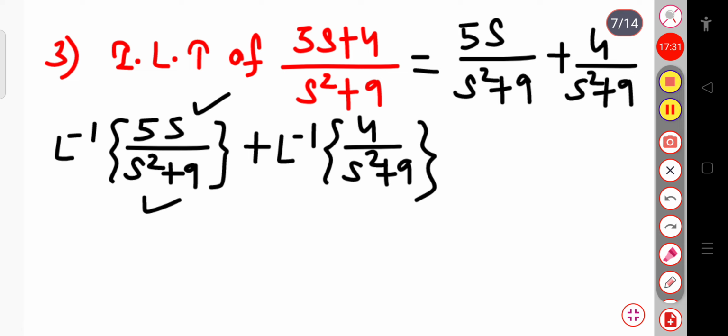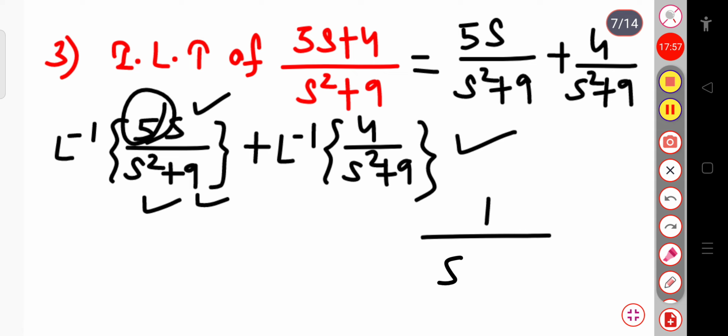Forget about this 5, I will take the 5 outside the Laplace inverse. So this will be simply s divided by s square plus a square, and here in this part, first check, this is 1 divided by s square plus a square.